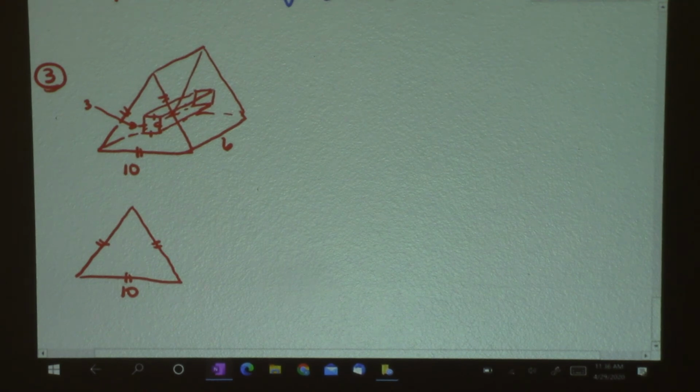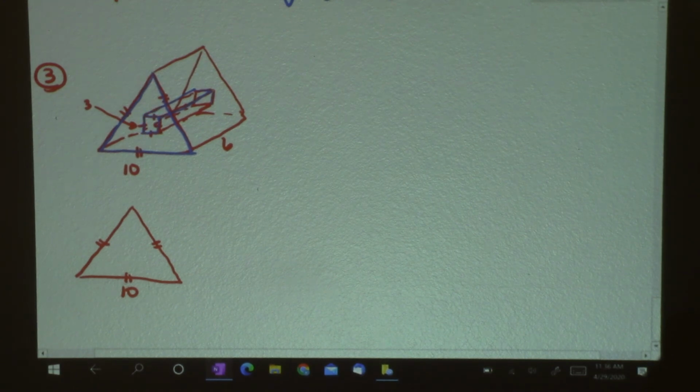Okay, let's go over this. So let's figure it out. So the volume, I'm going to have the big triangular prism here, and I'm going to subtract this prism inside.